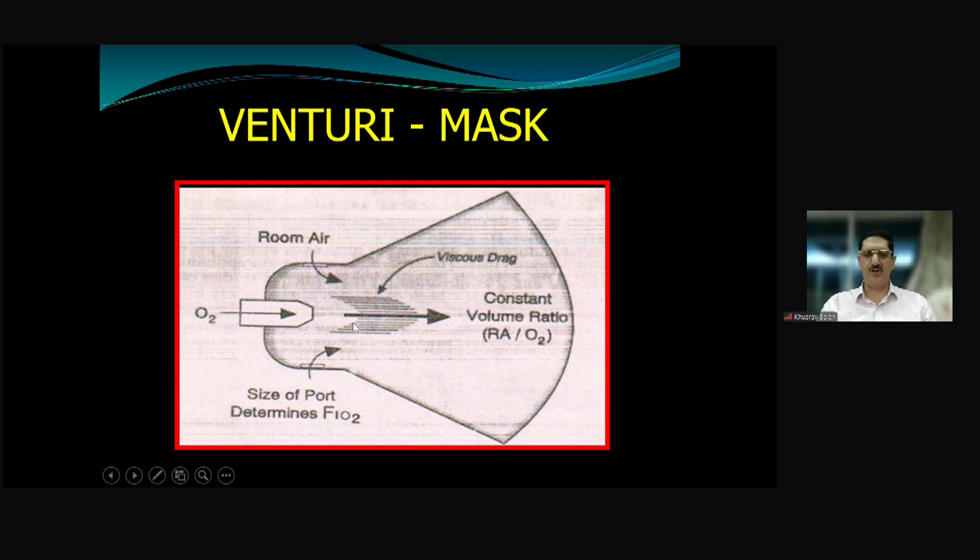So there is a jet stream coming from a hole. There are side ports from which air gets in by viscous drag, and the patient then gets an FiO2. Smaller the hole, more the jet stream, and smaller the side holes, lesser air can come in. So therefore, those Venturi masks which give you more and more FiO2 have smaller holes here and here.